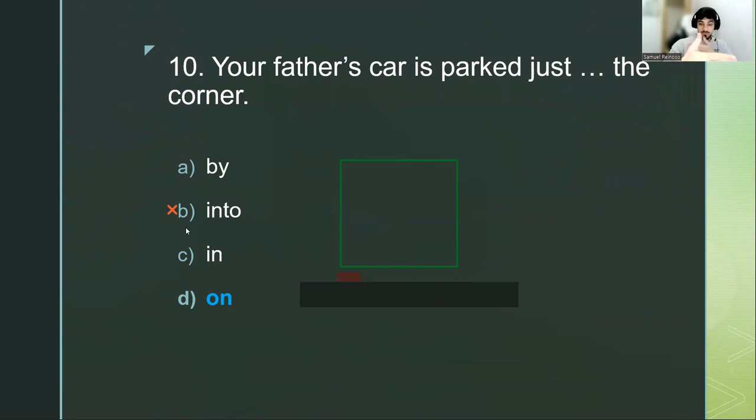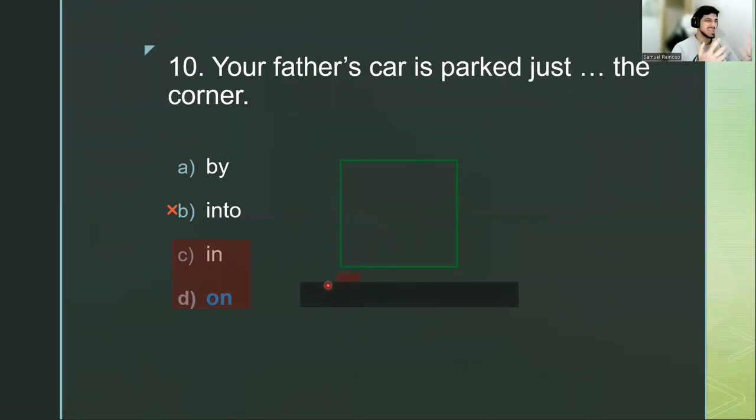By the river, very close to it. But here it's not parked by the corner, no está parqueado cerca de la esquina, right? Está en la esquina. So then to say en, we have 2 possibilities here. In and on. Good. In this case, on is the correct answer.